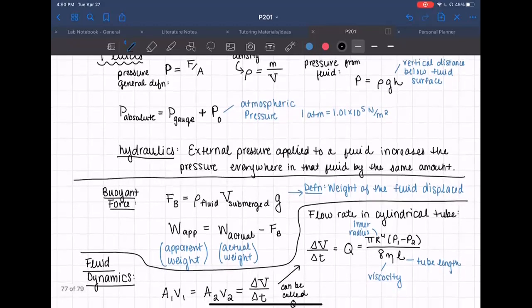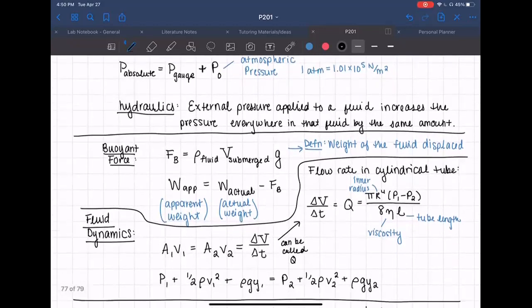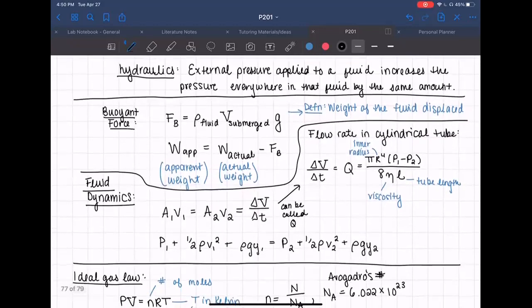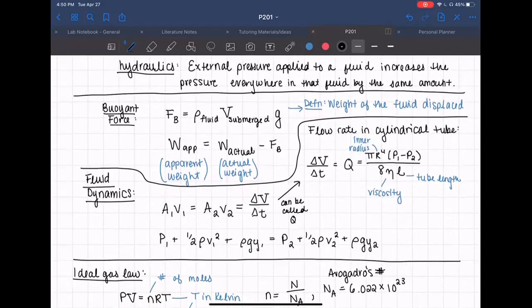For fluid dynamics, it's pretty common to have a big open tank with a hose attached to it, and you're finding the speed that the water would shoot out of the hose. They could also ask about other points along the pipeline.